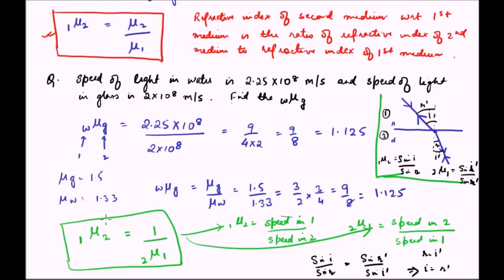This implies this because of this, right? So what we see here clearly is the reversibility of the path, and that is because the refractive index of second with respect to first is reciprocal of the refractive index of first with respect to second.